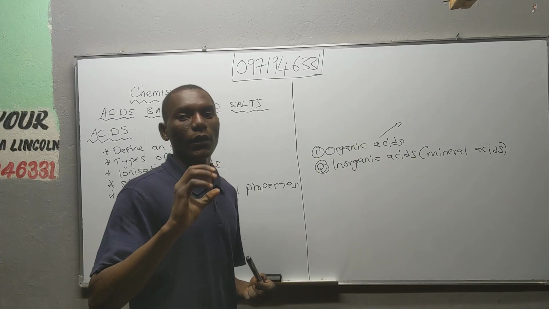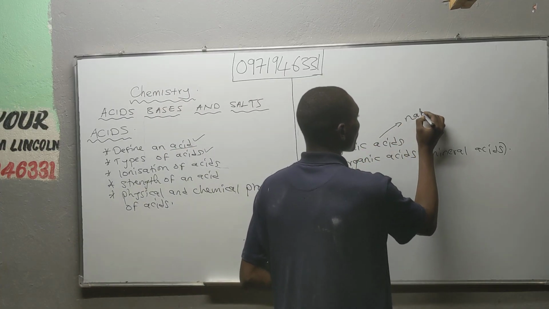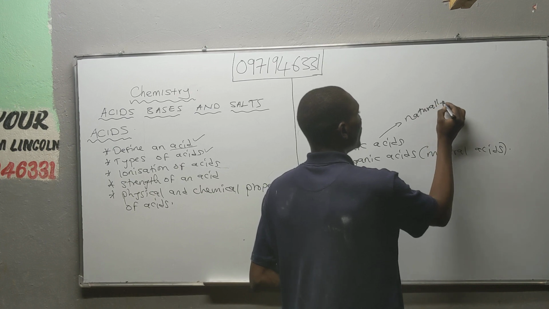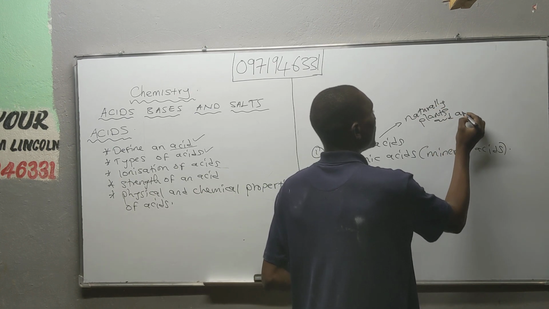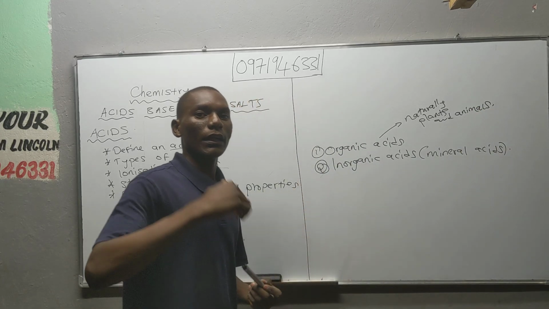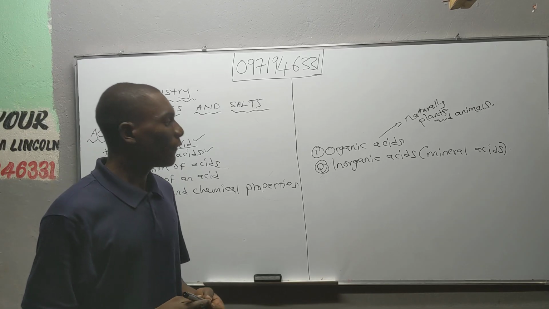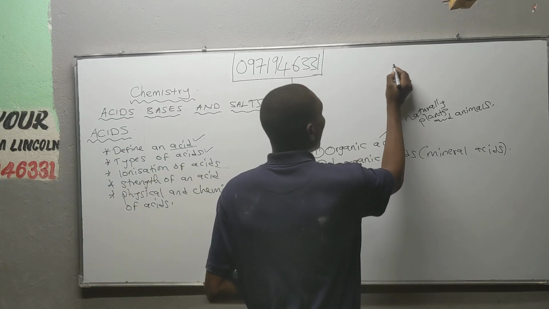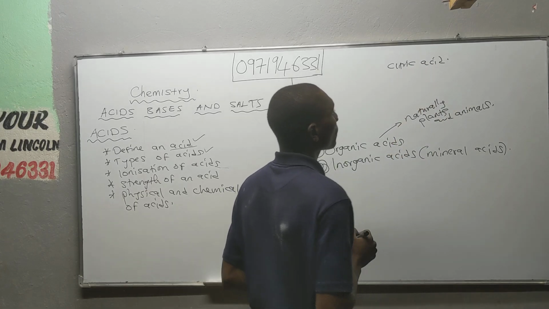What do we mean when we say organic acids? Organic acids are acids that are naturally found in plants and animals. For example, we have acids such as citric acid.